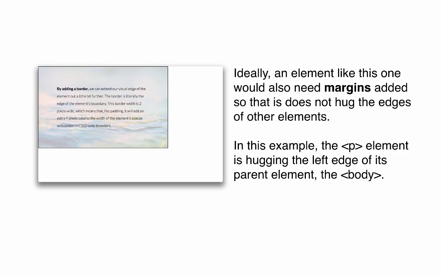Ideally an element like this one would also need margins added, because it doesn't look that great hugging the edges of other elements, especially now that it has a border. In this example, the paragraph tag is still hugging the left edge of its parent, which is the body tag. To get that off the left edge and off the top, we can add margins to the paragraph.